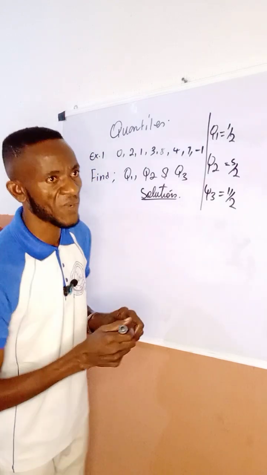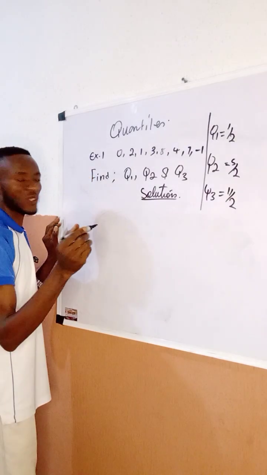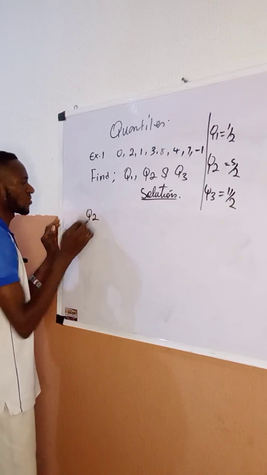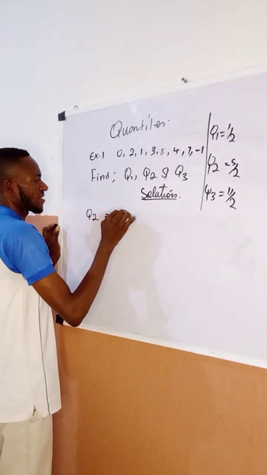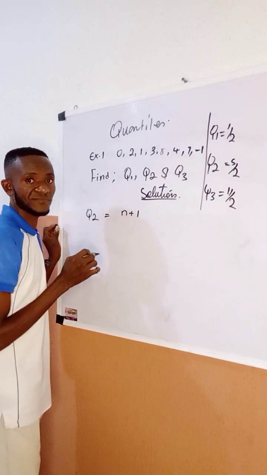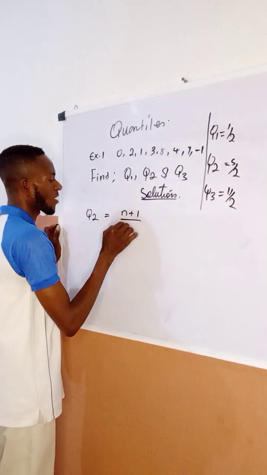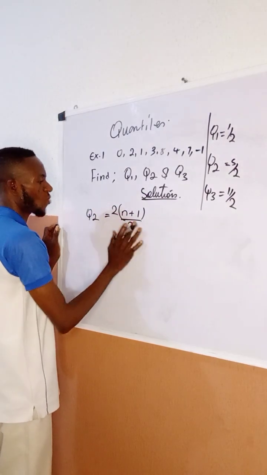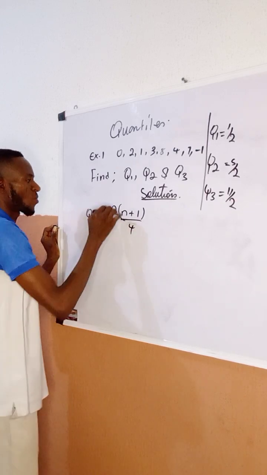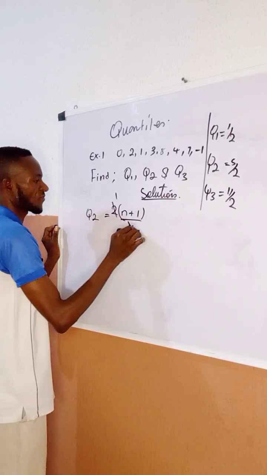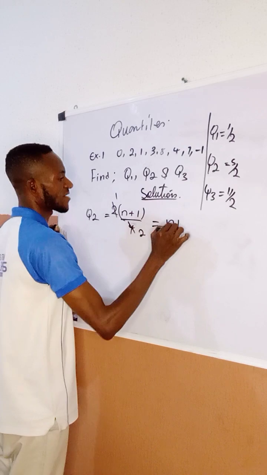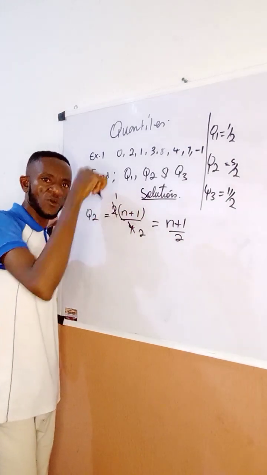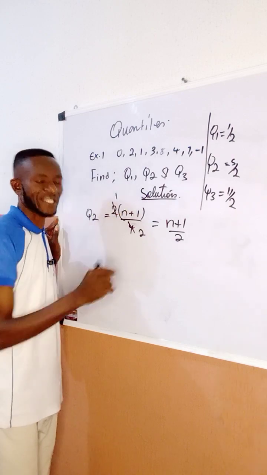So we start with our Q2. Our Q2 is given as n plus 1 all over 2. Remember that it was 2 into n plus 1 all over 4. But when these cancel, 2 into 4 gives 2, and you have n plus 1 over 2, where n is the number of observations in the data set.